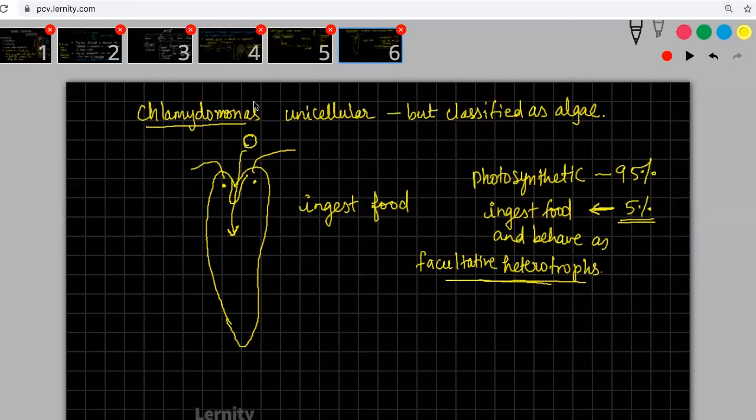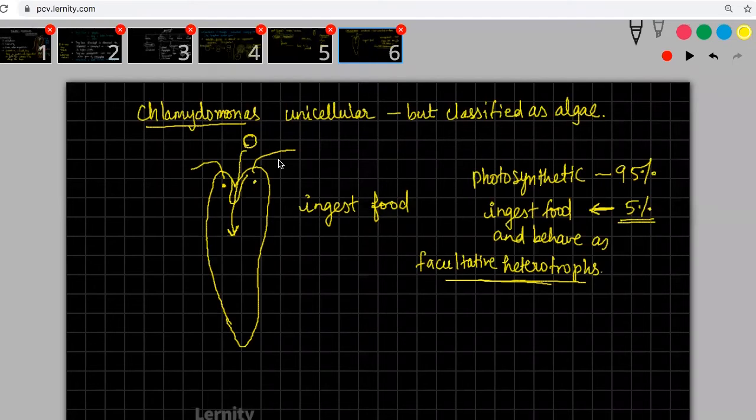Chlamydomonas cannot be clubbed under euglenoids. I told you earlier that they might be considered as protist, but please understand that Chlamydomonas is a unicellular algae. The position of Chlamydomonas in this five kingdom classification is slightly debatable.